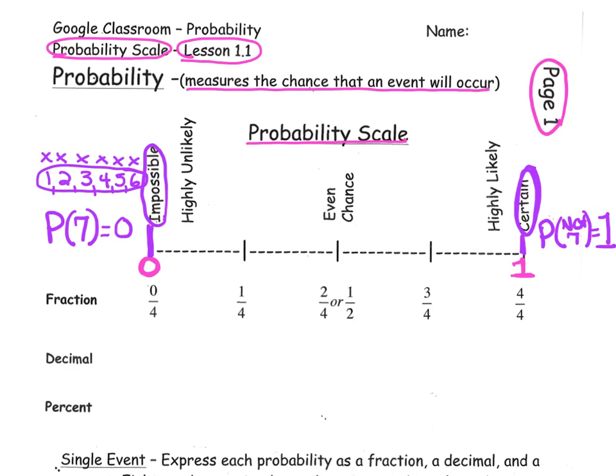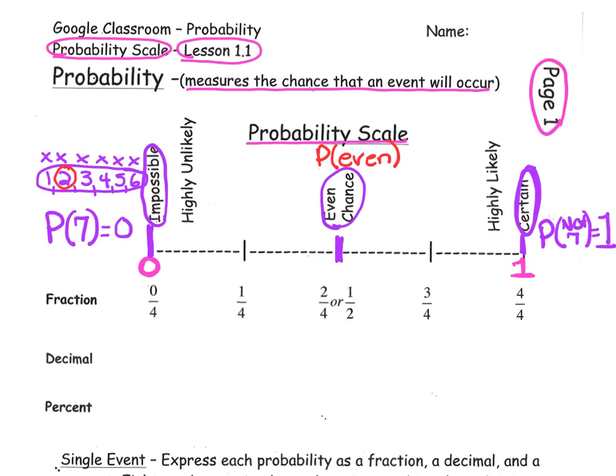If you are right in the middle of the probability scale, you have what is called an even chance, or a 50-50 chance. For example, what's the probability of rolling an even number on a 6-sided number cube? Well, let's take a look at our outcomes.